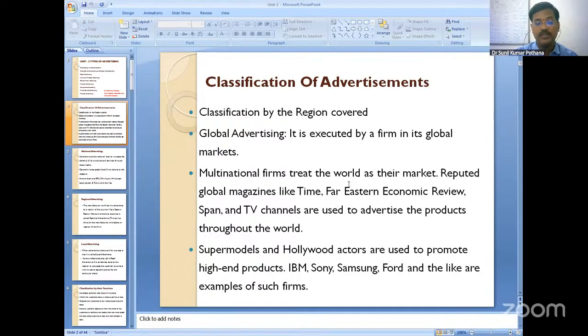Supermodels and Hollywood actors are used to promote high-end products. IBM, Sony, Samsung, Ford, these are some electronic and automobile companies, examples of such multinational companies.